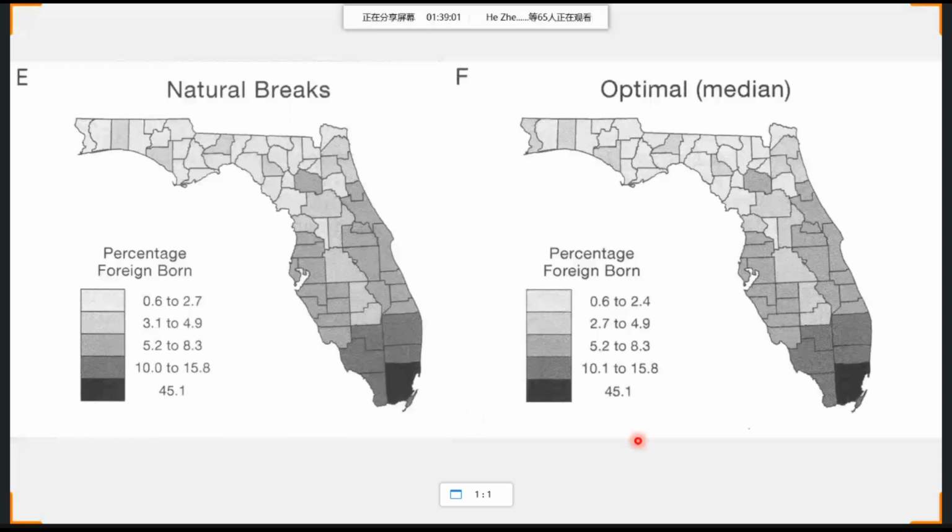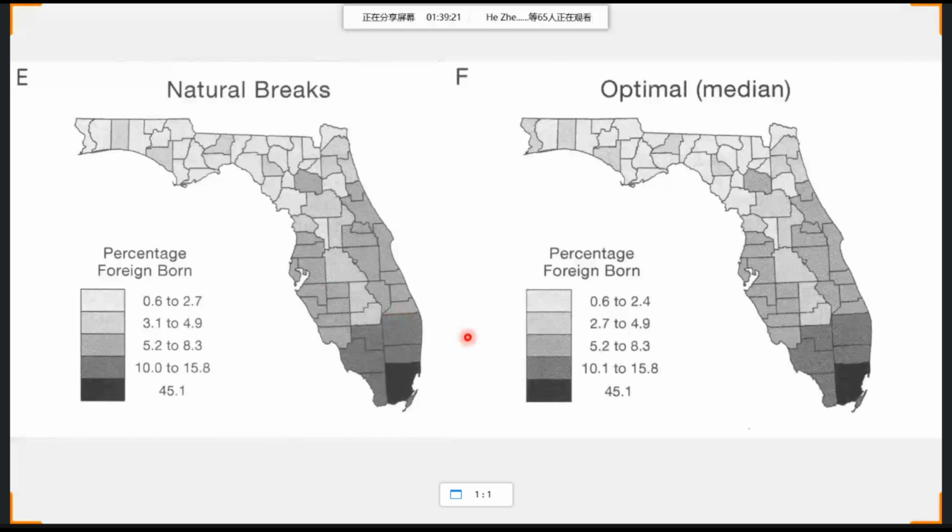And for this data set here, finally, I would use natural breaks, because it's easy. You don't need the computation. The result is good enough to interpret the data for this area.